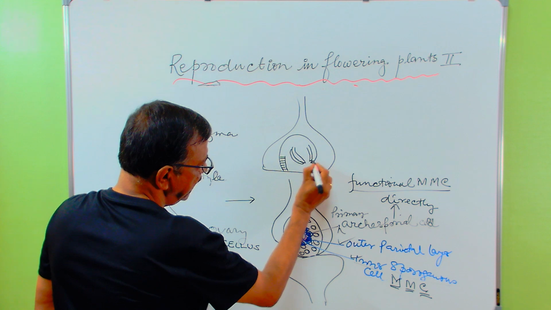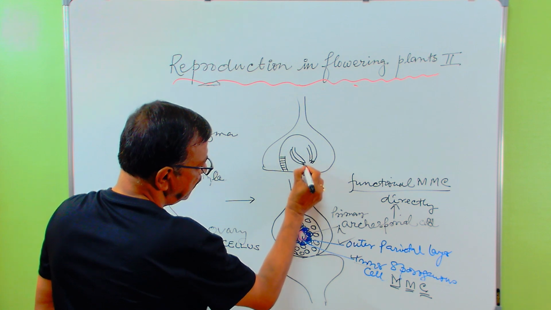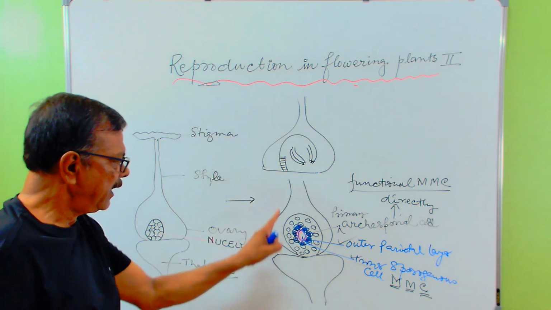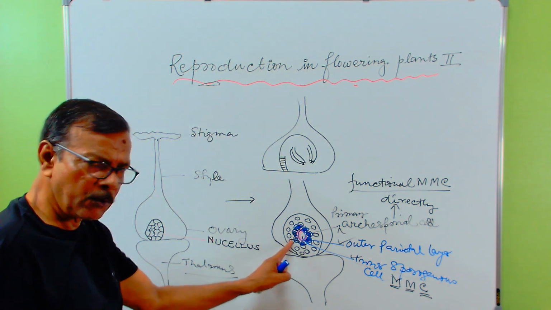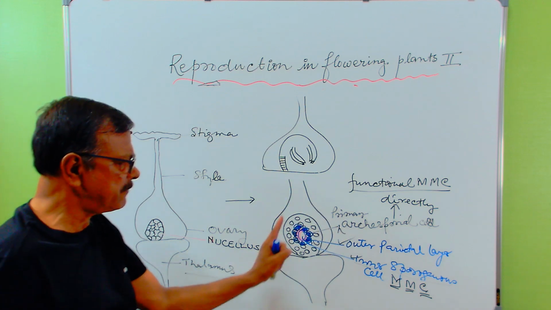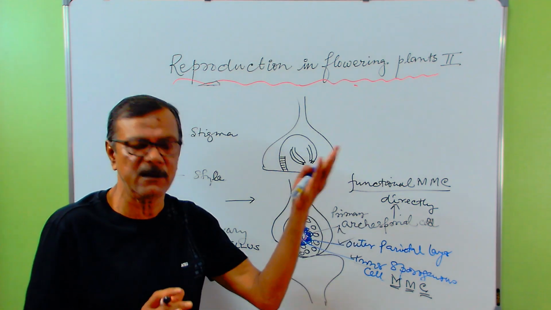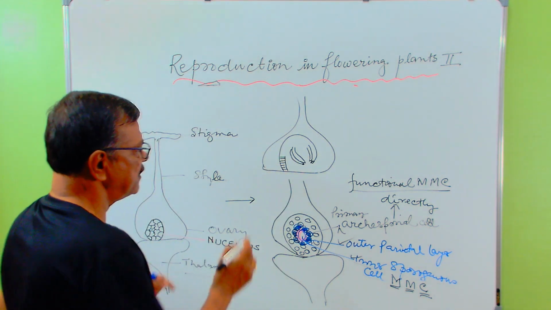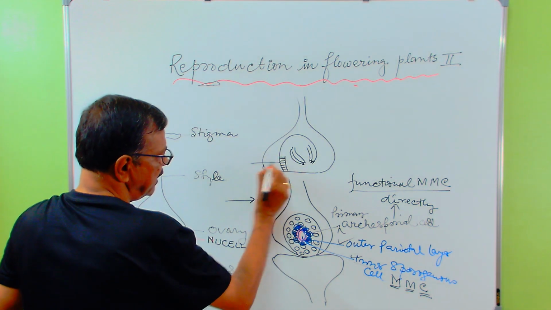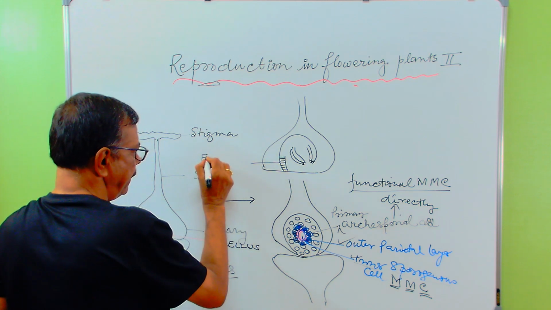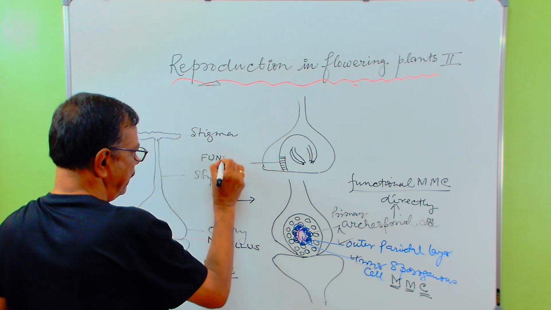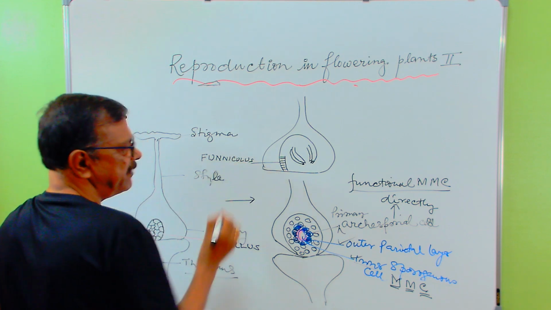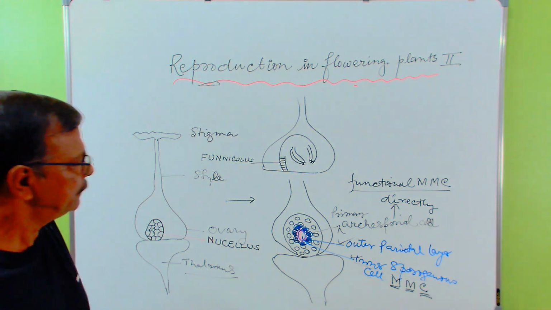This is the outer covering, and this is the inner covering. So as the female gametophyte proceeds in growth, the nucellus is raised on a stalk-like structure. This structure is known as the funiculus. Clear?